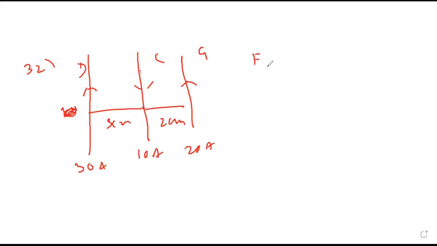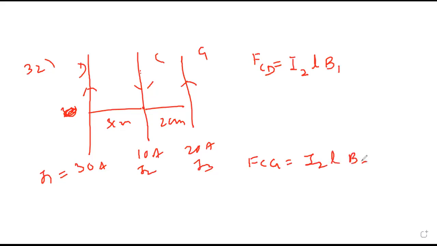Force experienced by C will be due to current I1's field. Suppose this is I2, this is I3. So it will be I2 L into B1, force experienced on C due to D. Same way force experienced by C due to G will be I2 L and B3, meaning the field from the third wire's current.